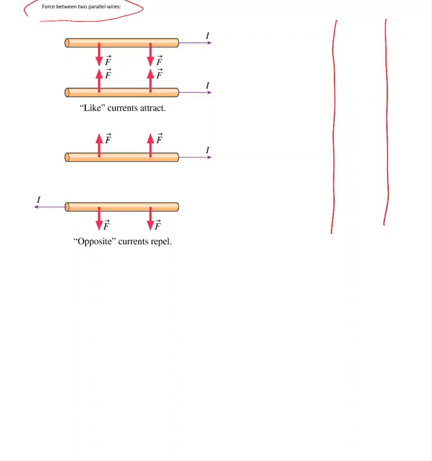Now if we look here, assume that both currents are going up. Because of the current flowing in conductor 1, this is conductor 1, this is conductor 2, there is always a magnetic field around this conductor that we can find by using the right hand rule.